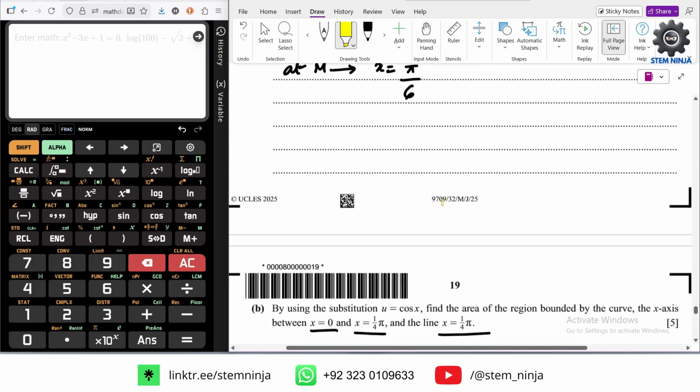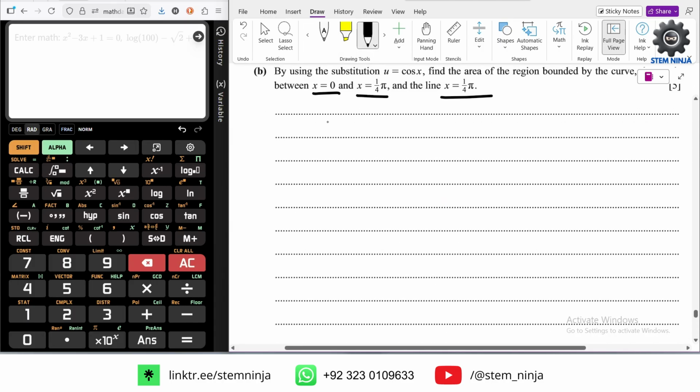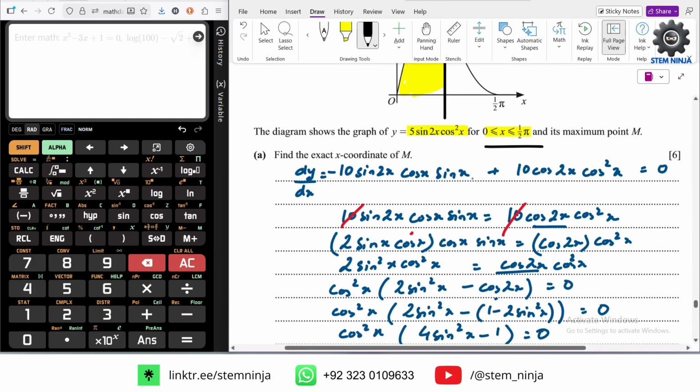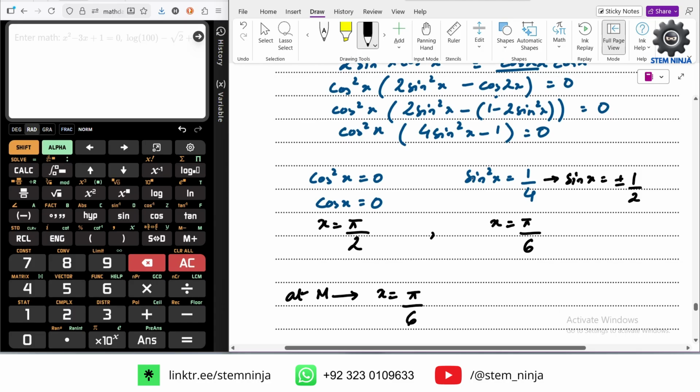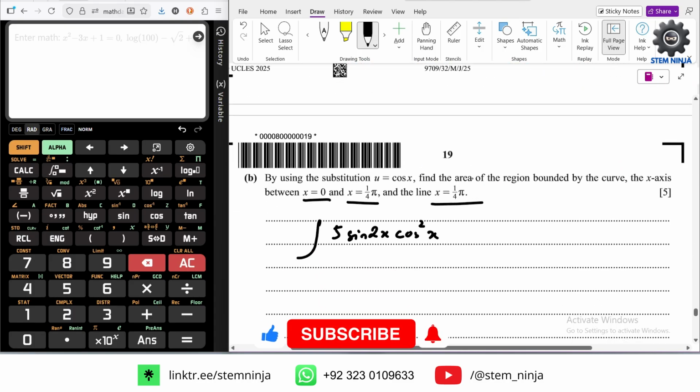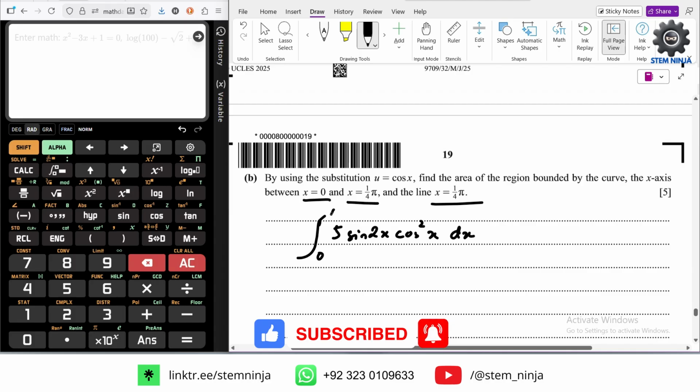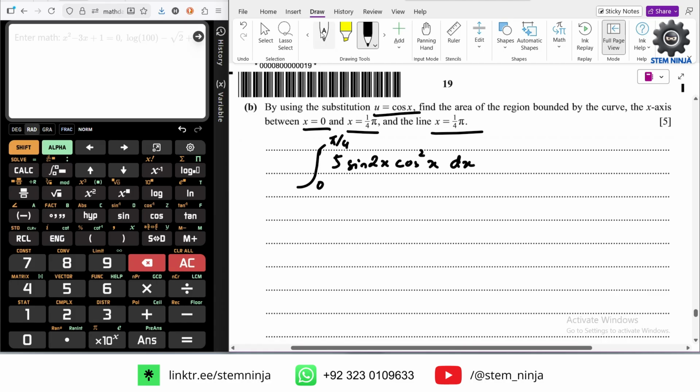So 5 sine 2x cos squared x, cos squared x dx from 0 to pi by 4. Okay, so we need u equals cos of x.